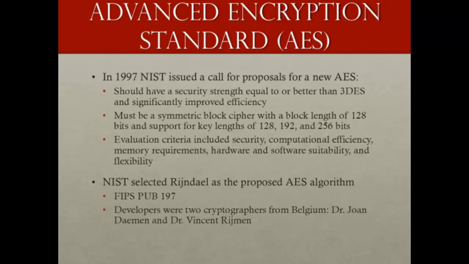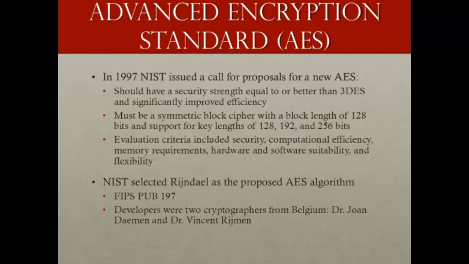As a replacement, NIST in 1997 issued a call for proposals for a new advanced encryption algorithm, which should have a security strength equal to or better than triple DES and significantly improved efficiency.